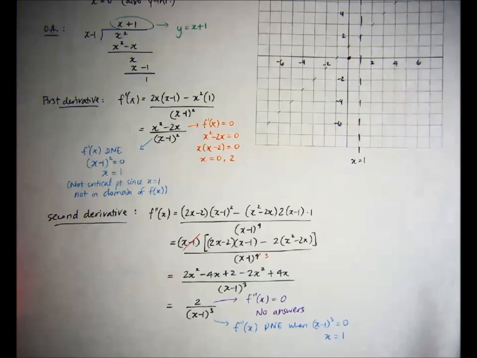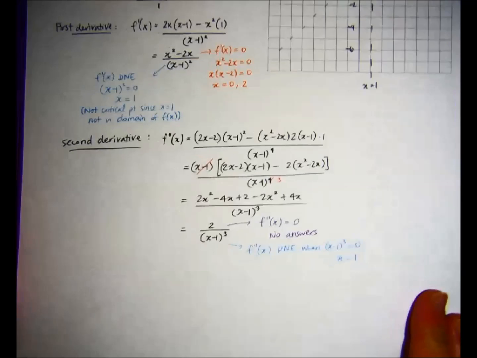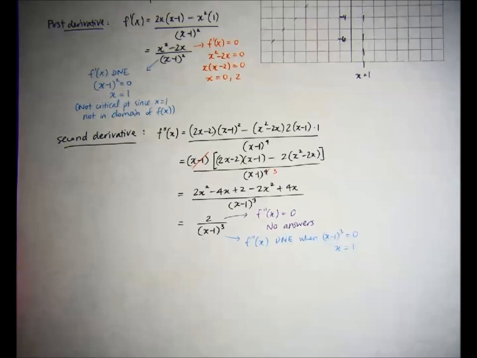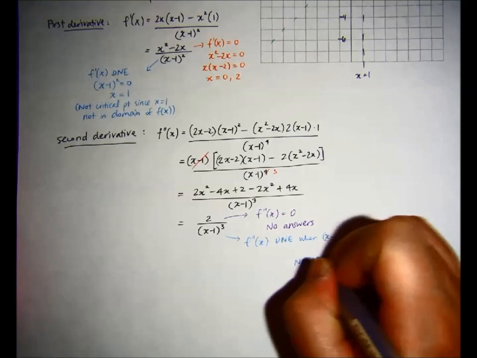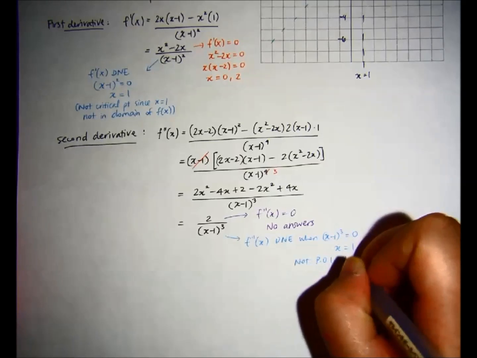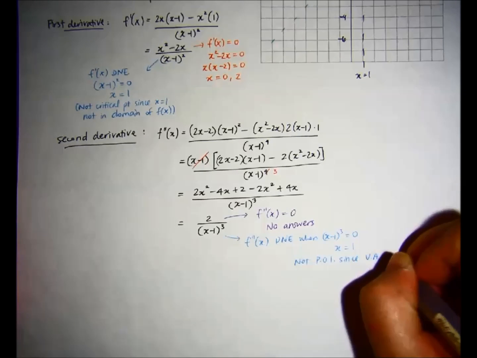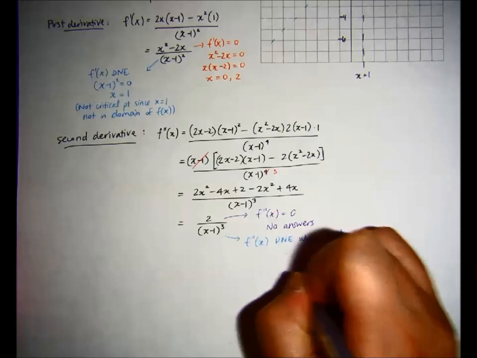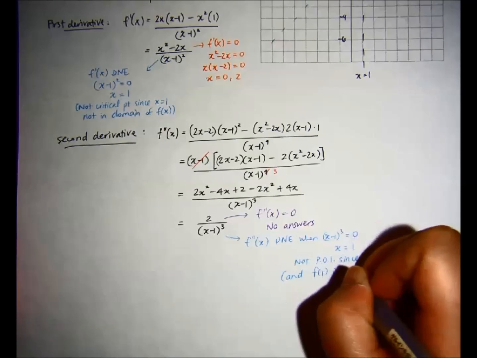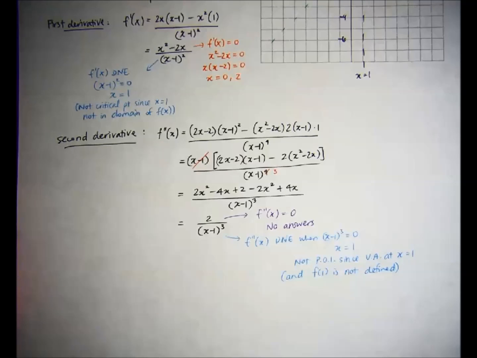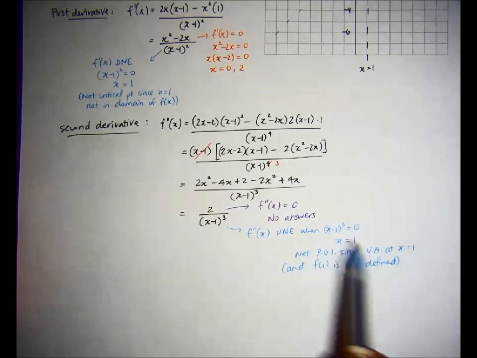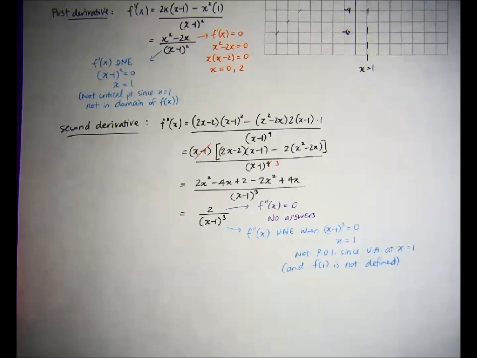But again, this can't be a possible point of inflection, because x is equal to 1 is not in the domain of the function. Okay? But we can still use x equals 1 for our second derivative number line.